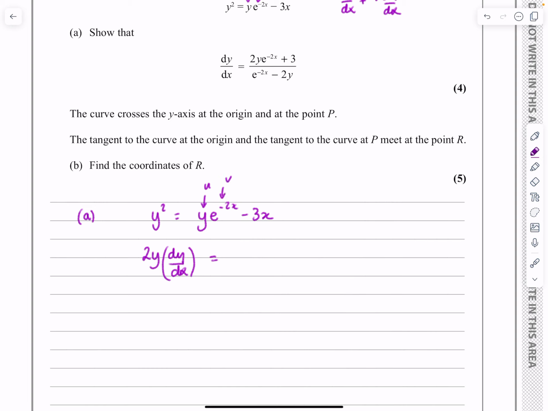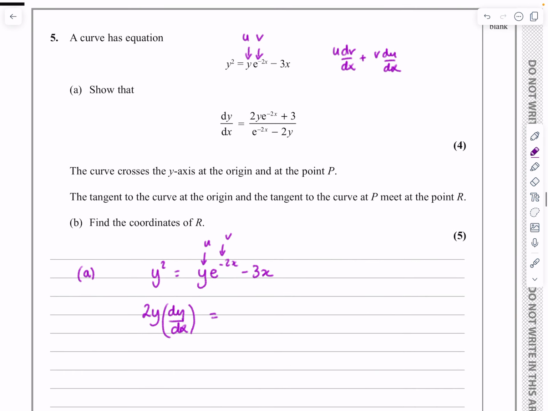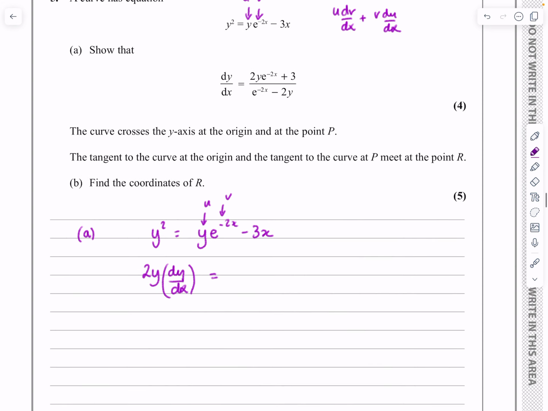I'm going to get rid of it from my answer in a second. If I've got u and v there, and I'm using the idea that it's u dv by dx plus v du by dx. So u dv, well, u is y. dv by dx is just the differential of e to the minus 2x.